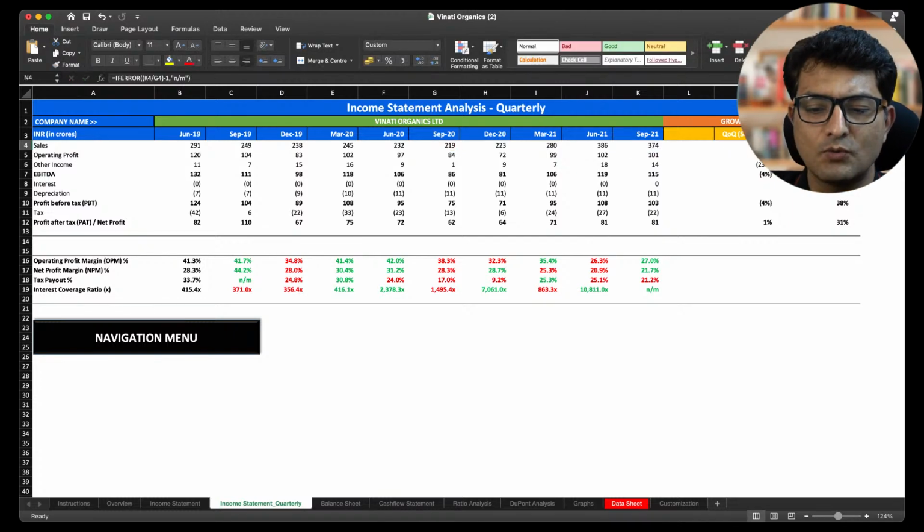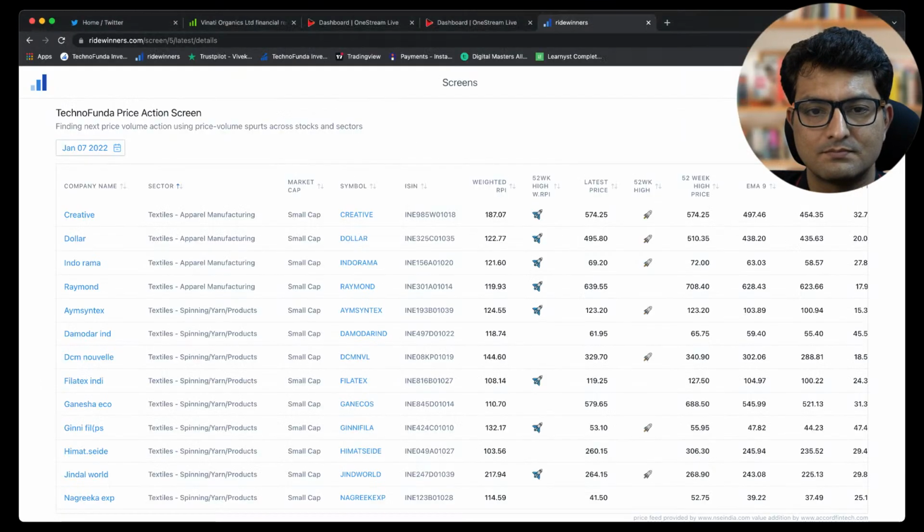Why is this an important metric? Why is this an important metric to look at? Can anybody tell me why it is important to look at year-on-year numbers more than the quarter-on-quarter number?